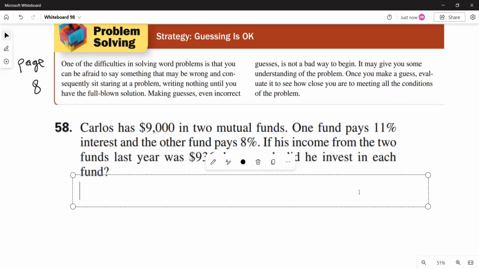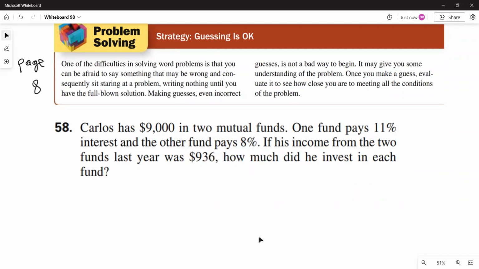Actually, I don't need to give names to unknowns. So what I'm going to do is, 11%. There's actually a section on percents later on. 11% as a decimal is 0.11, and 8% as a decimal is 0.08.